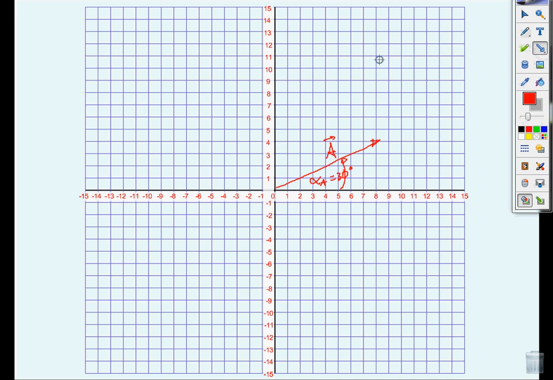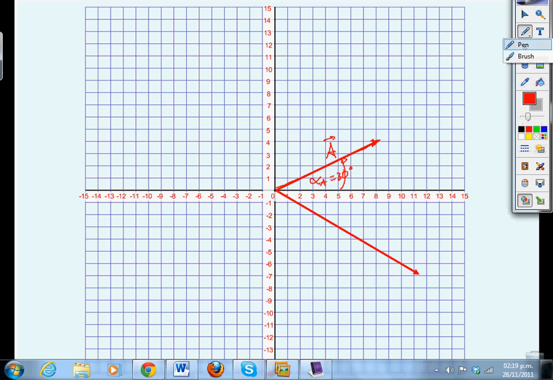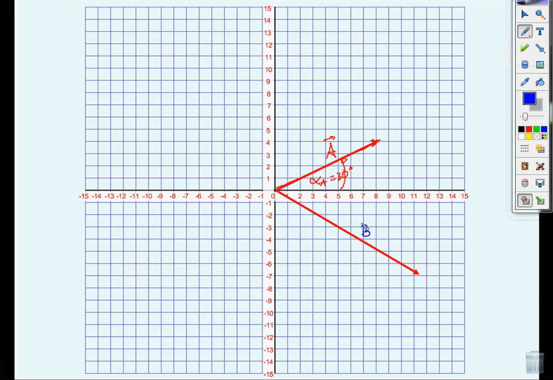I'm going to say that this vector is approximately here. It's 300, so it's about one and a half times longer, since this is 200 and this is 300, that's going to be the approximate length of this one. And this vector is going to be called vector B. And here we have the reference angle for vector B.